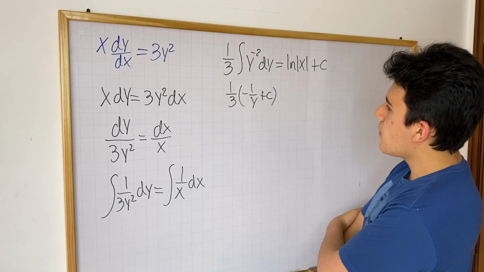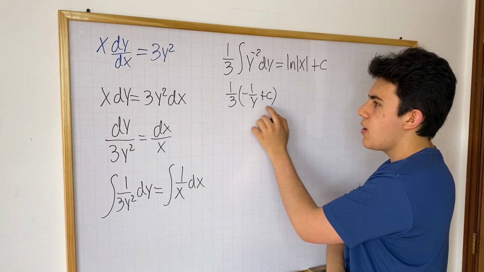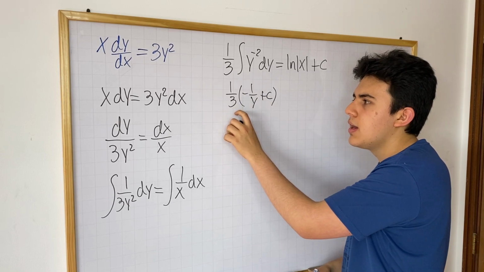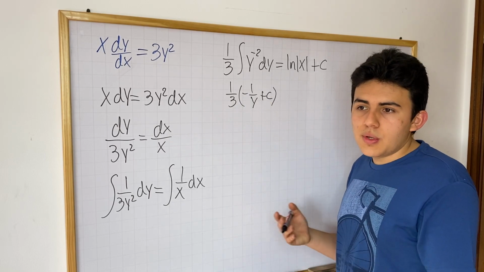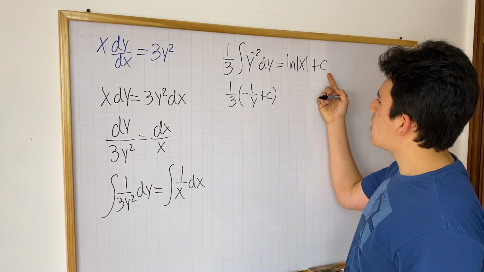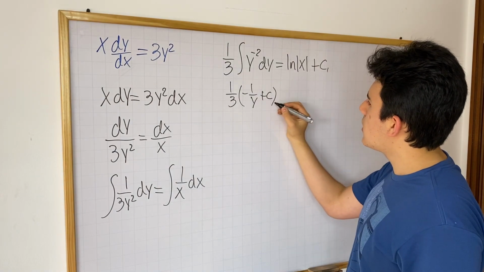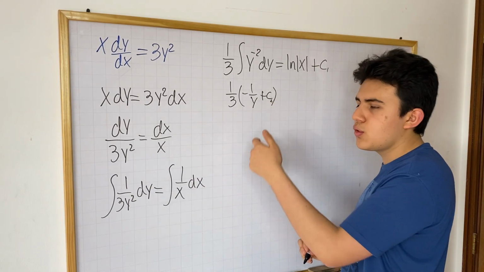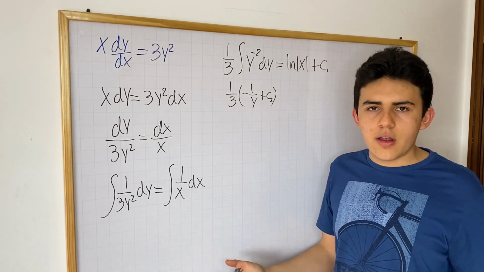And now another thing here with the parentheses and the 1/3: you can write c inside the parentheses and then multiply by 1/3. But once again, when you add this constant here, and I should write this is c1 and this is c2, when you combine c1 and c2 divided by 3, that is going to be another constant, okay?